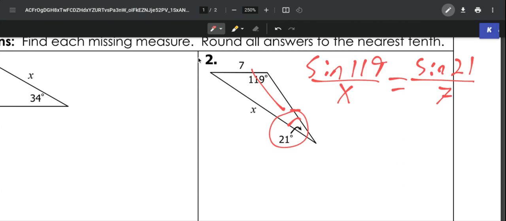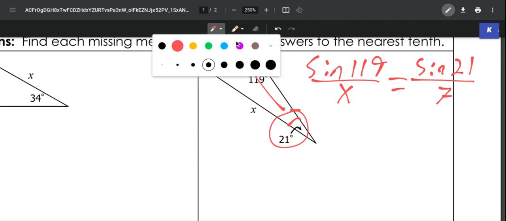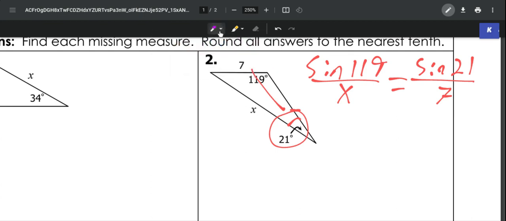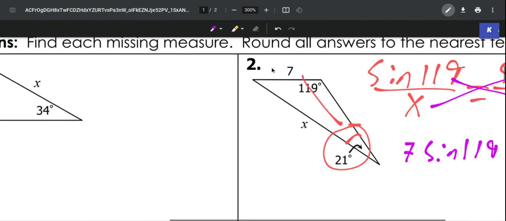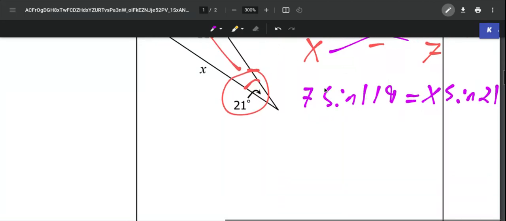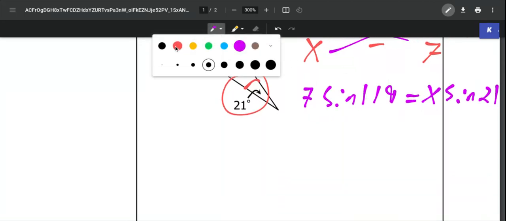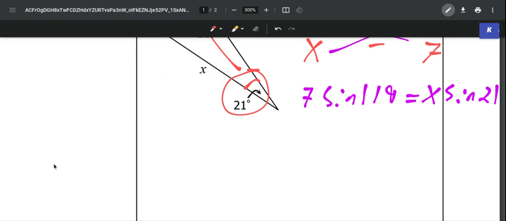So then we can cross multiply here. So if we do that, we'll get 7 sine 119 equal to x sine 21. All right, now if we want to look at this further, on the right side, we've got x multiplied by sine of 21.